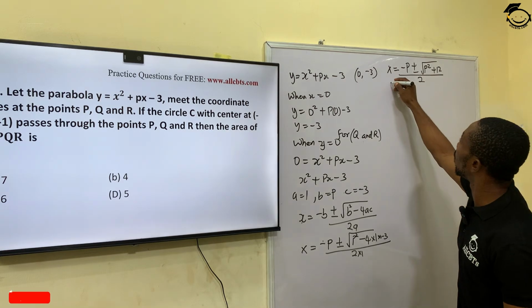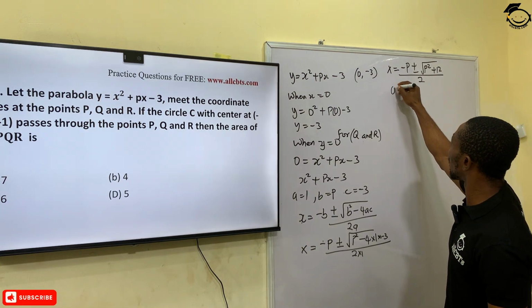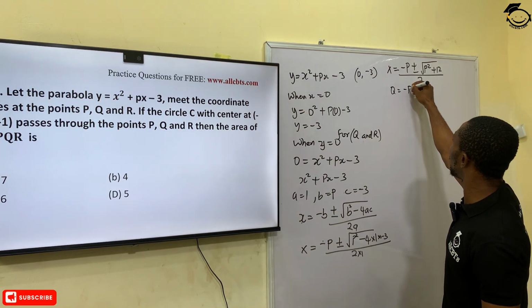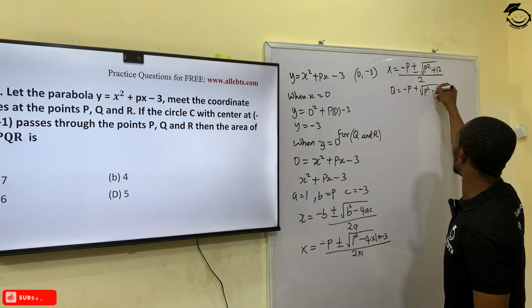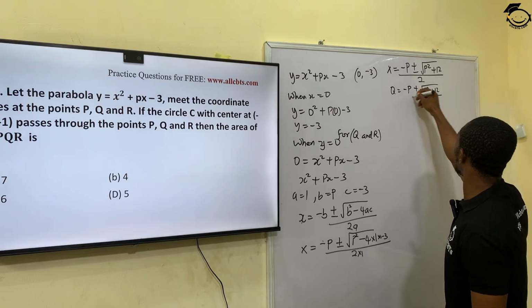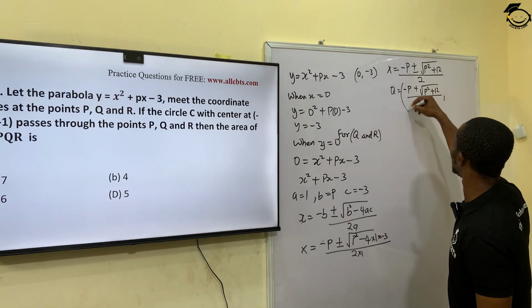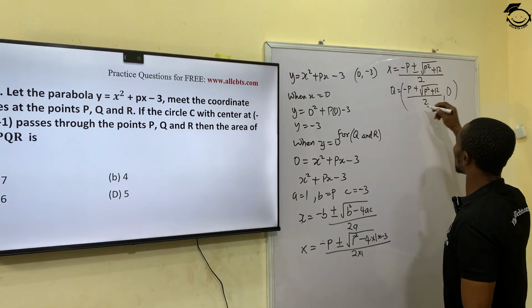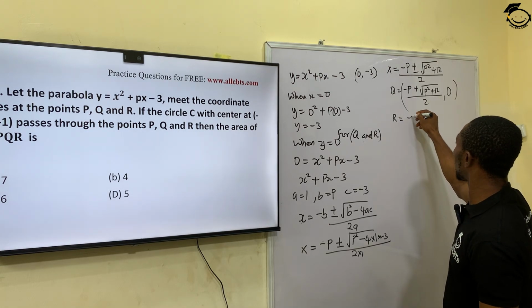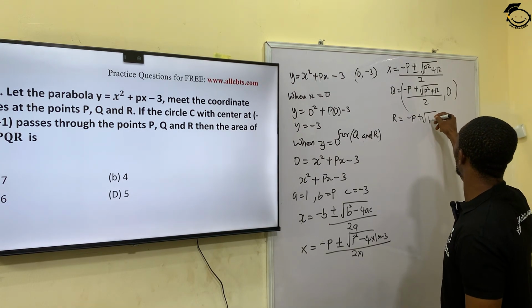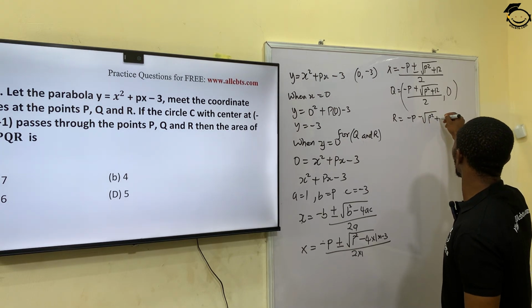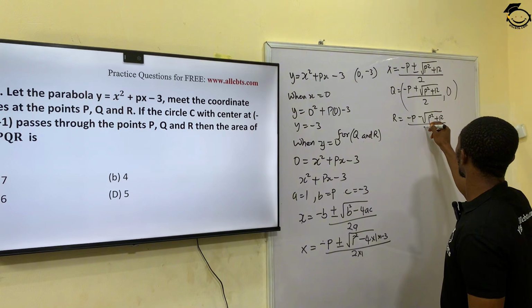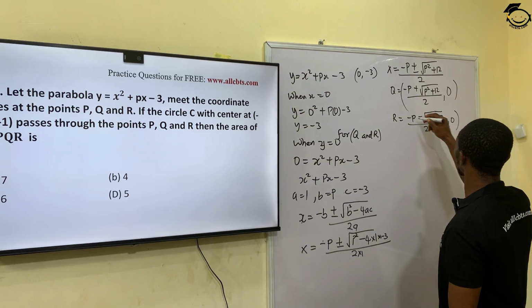So for Q, we have minus P plus root P squared plus 12 over 2 as our x value, and y is at 0. And for R, we have minus P minus root P squared plus 12 all over 2, and y equals 0.